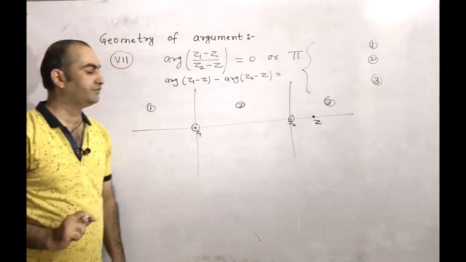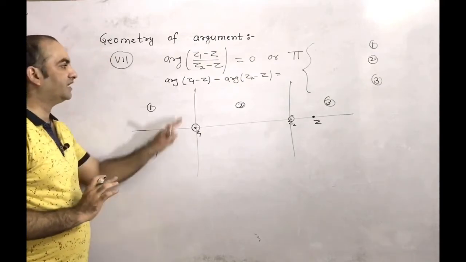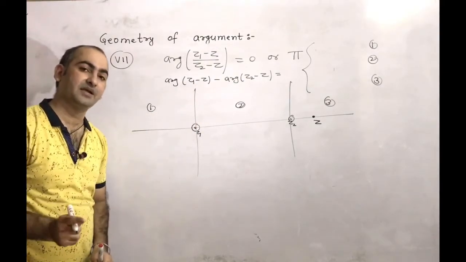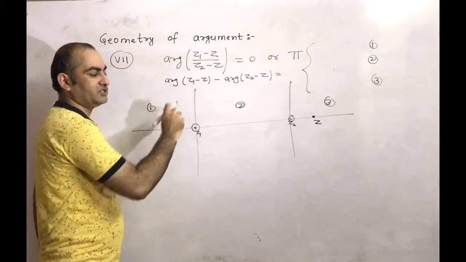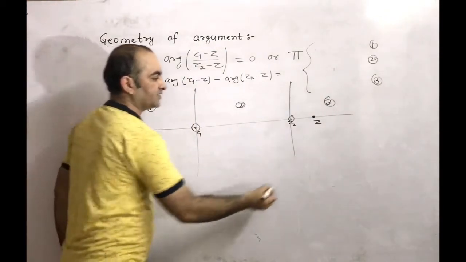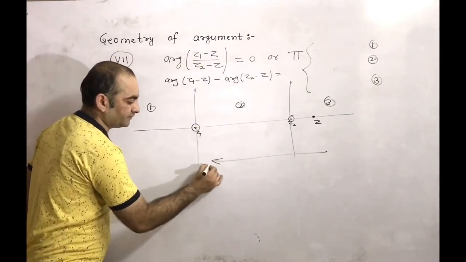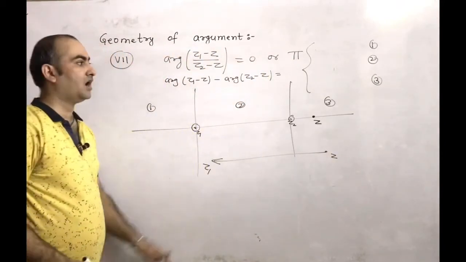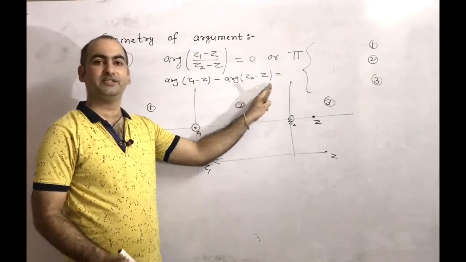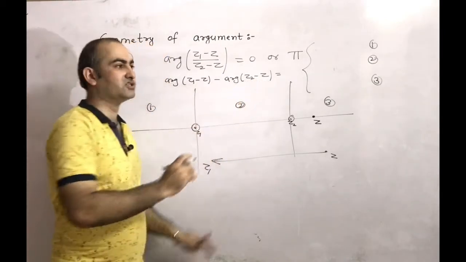First we draw the argument of z1 minus z. It is a directed line segment joining z1 and z, with direction towards z1, so it comes this side. This is z and this is z1. Next, the argument of z2 minus z is also a directed line segment joining z2 and z, with direction towards z.